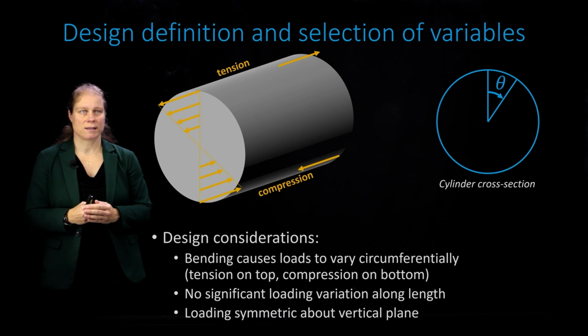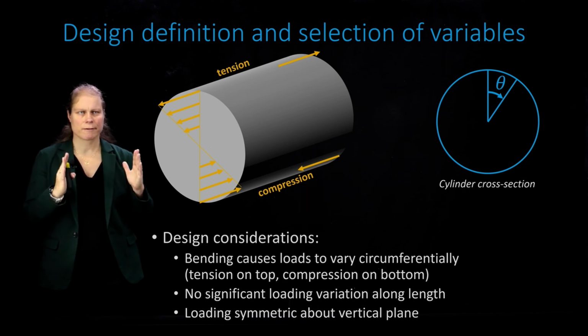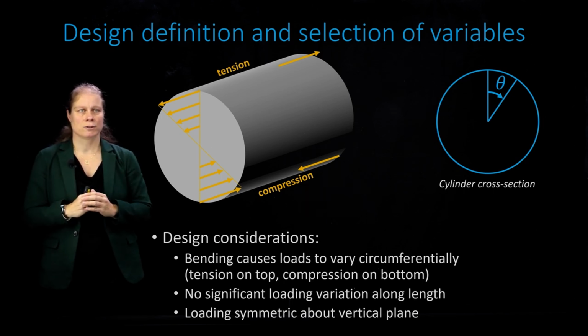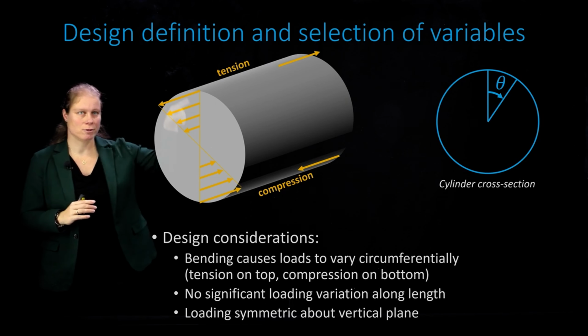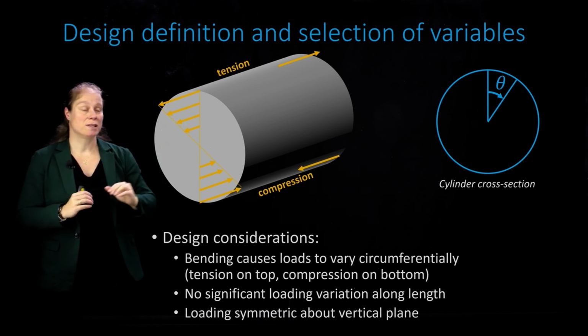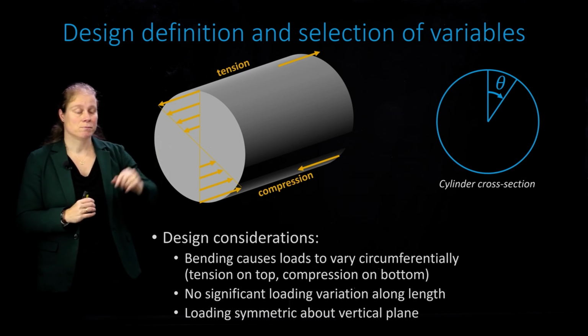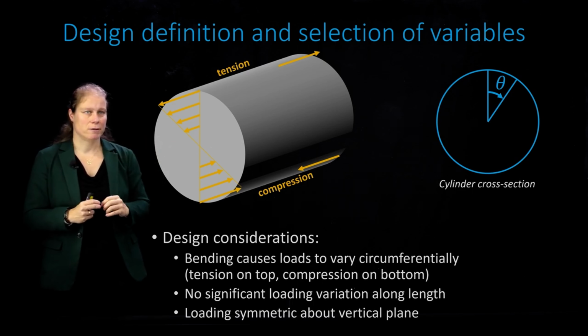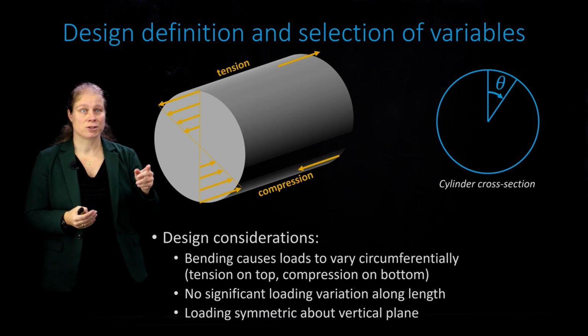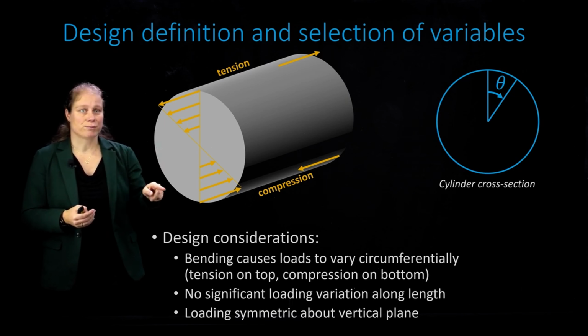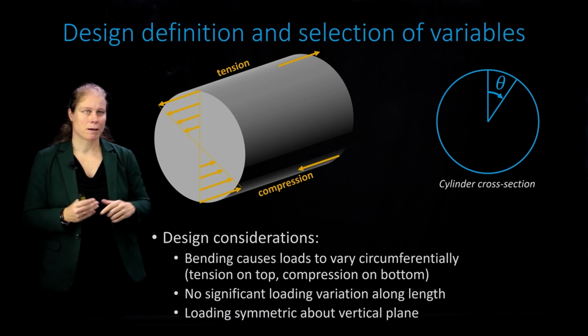Assuming the ends are fixed to a plate, your displacements as a function of your vertical coordinate are going to be linear. So around the circumference of your cylinder, you will have varying loads going from tension with a periodic equation to compression at the bottom and back.